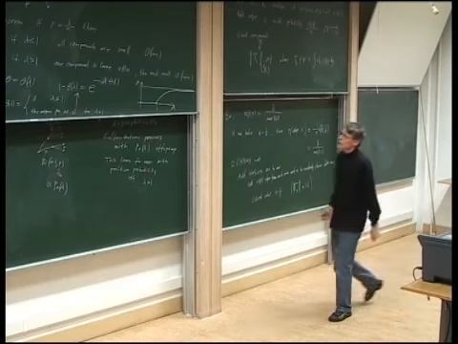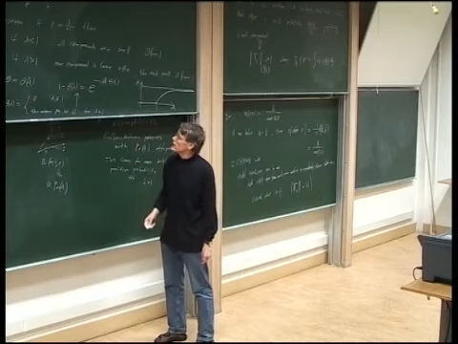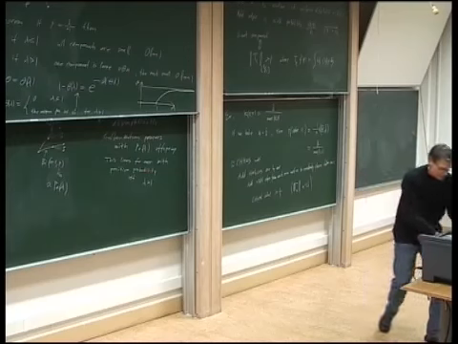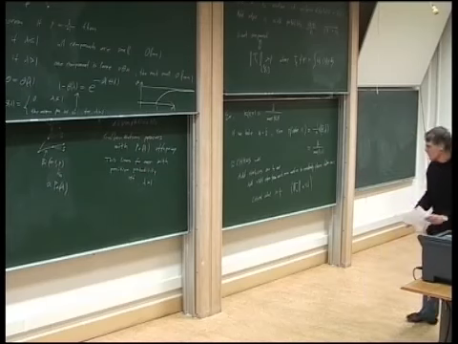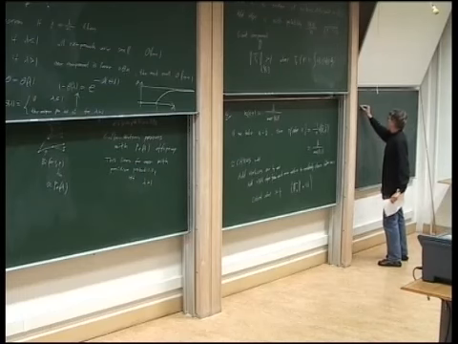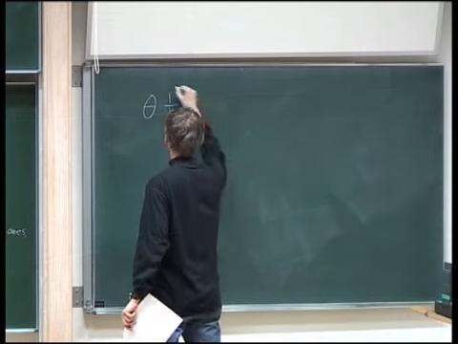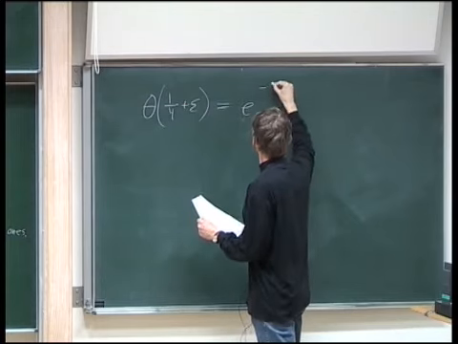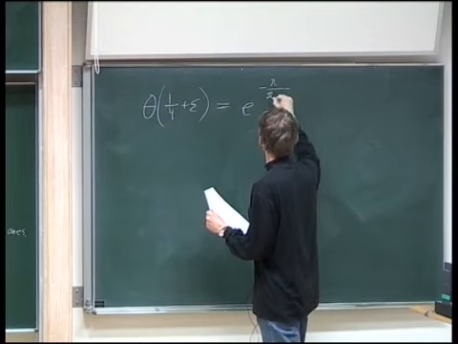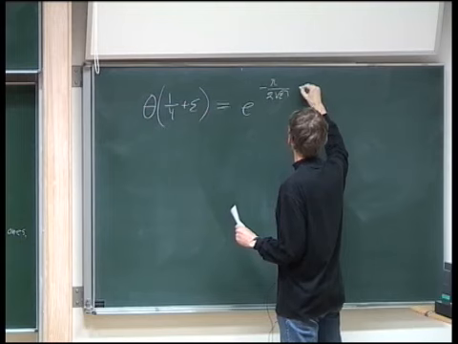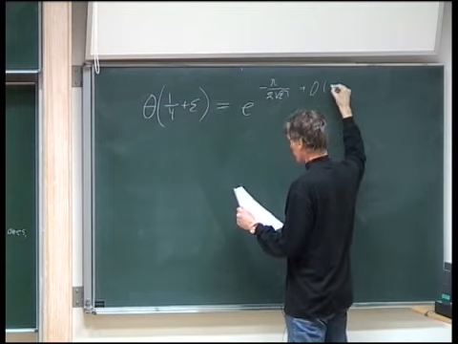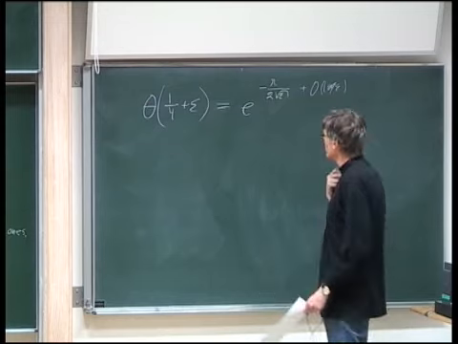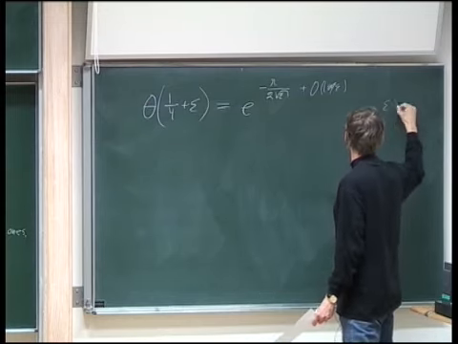Namely, if we look at the corresponding theta function, of course there's a theta function here too, theta of lambda. And in this case, it has been shown that if we now have theta of 1/4 plus epsilon, positive epsilon, this is e to the minus pi over 2 times square root of epsilon plus some small or big O of logarithm of epsilon, as it says here, for epsilon positive.